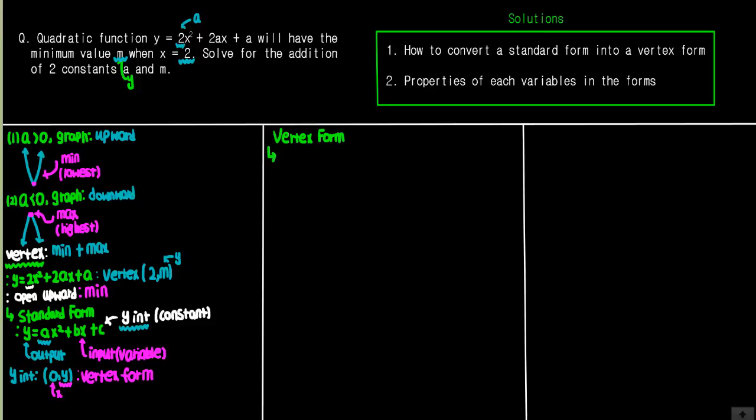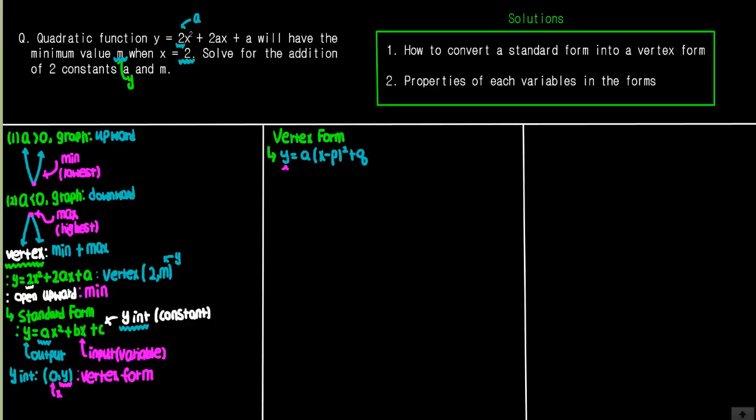So our vertex form is going to be y is equal to a times (x minus p) squared plus q. This is also a different type of our standard form, and this is going to be our vertex form.